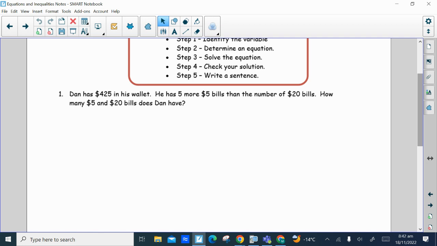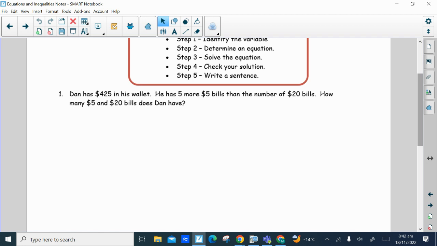If he had 21 $20 bills, how many $5 bills would he have? Because he has 5 more $5 bills than $20 bills. 26, 5 more, right?